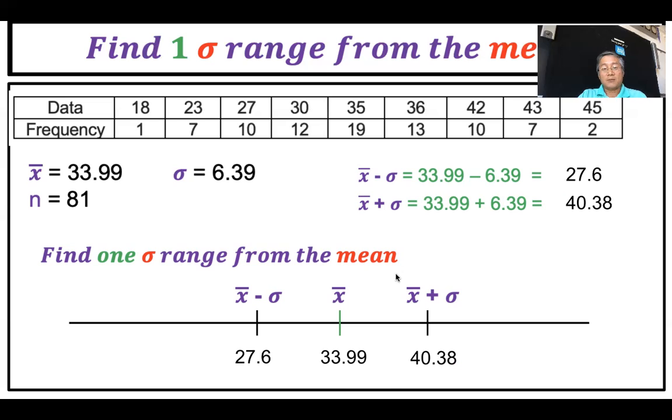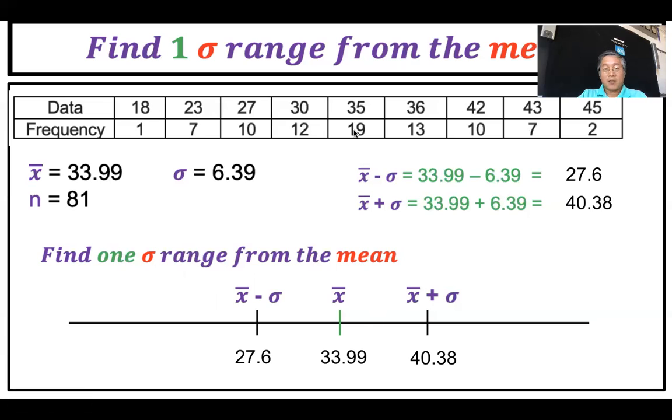How many data are between here? Look at the table. 27 doesn't belong here, right? 27 is here. So you start from 30 and go up to 40.38. 42 is bigger than that, so it's not here. So 30, 35, 36, these data are in the one standard deviation range from the mean.